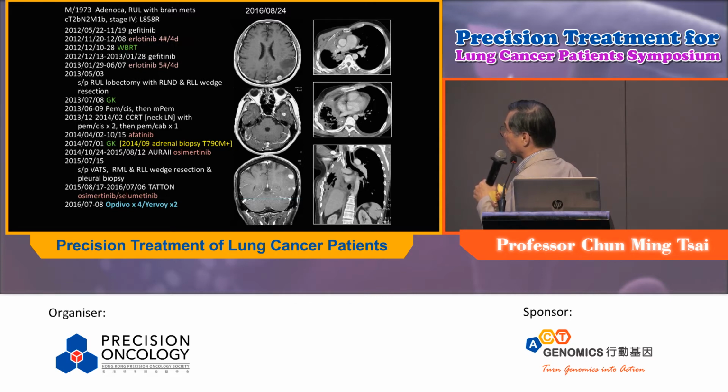And then we switched back to Iressa, Tarceva pulse therapy again, and did biopsy to try to find some resistance marker, and did gamma knife. Finally, we did the PET, but could not find anything.